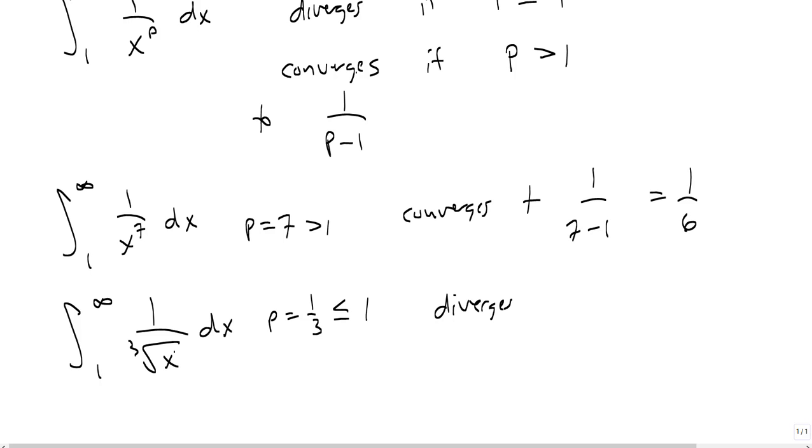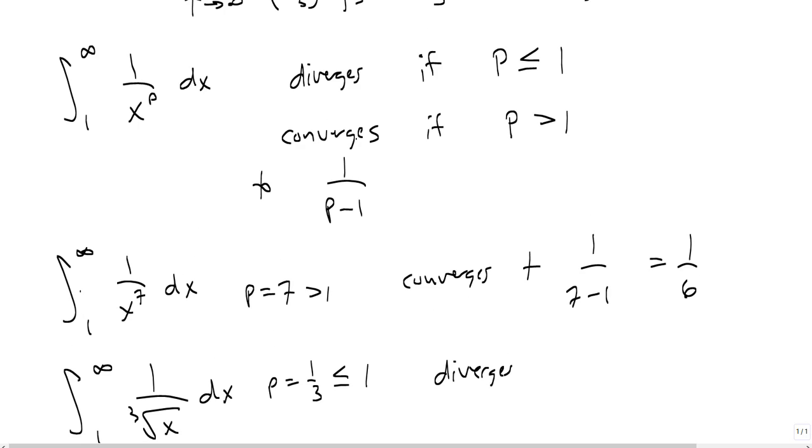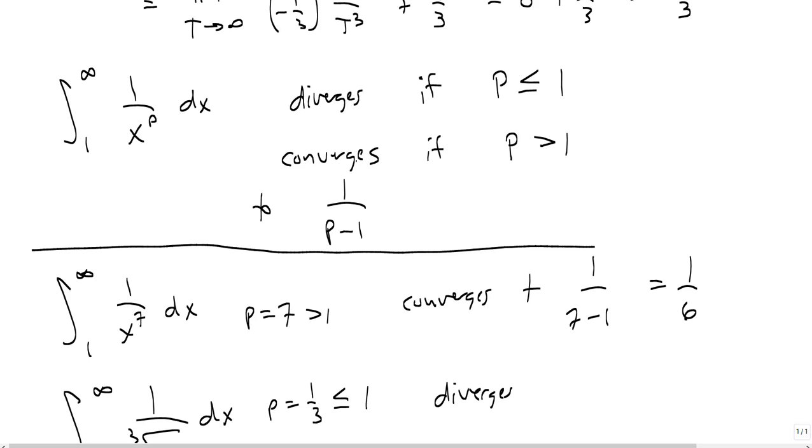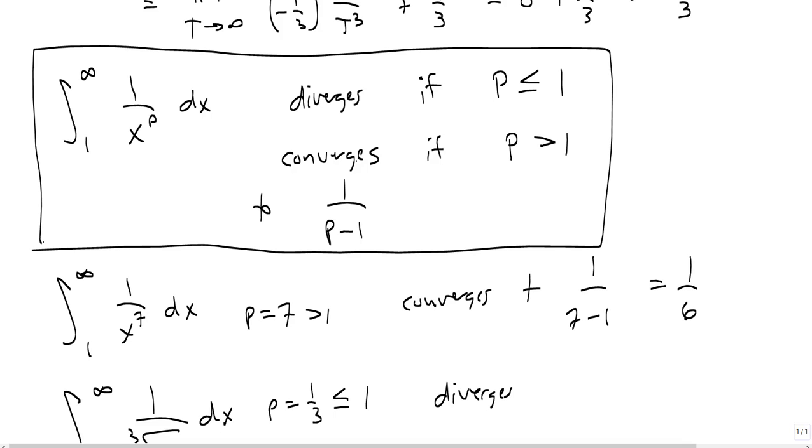If you took the integral of that, you get x to the 2/3 in the numerator, and as t goes to infinity, that numerator going to infinity makes the whole thing go crazy big. So hopefully you get that. This is the general formula, and it's going to be used so much in Calculus 3 because we will compare things to this integral. So hopefully that makes sense.